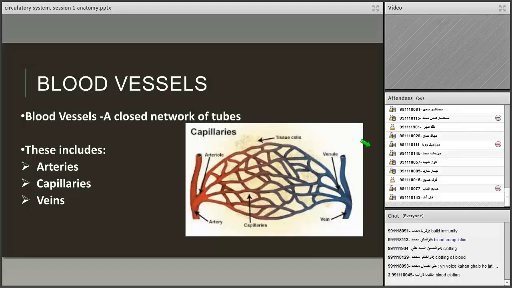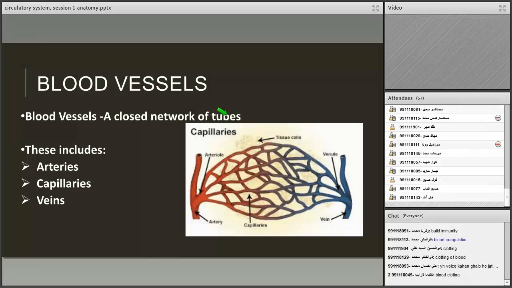The next component in the circulatory system are the blood vessels. Blood vessels are a closed network of tubes in which the blood is flowing.